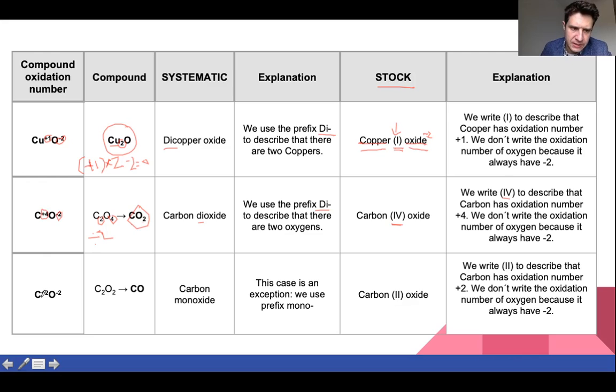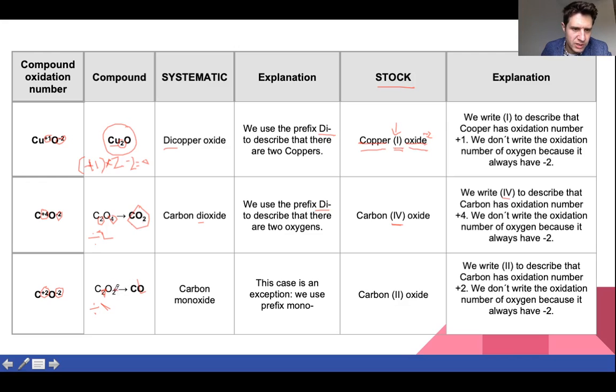What will happen if the carbon has oxidation number 2 and oxygen again has the same oxidation number, -2? We shift the oxidation numbers, we write each close to the other element, and we divide both of them by 2.